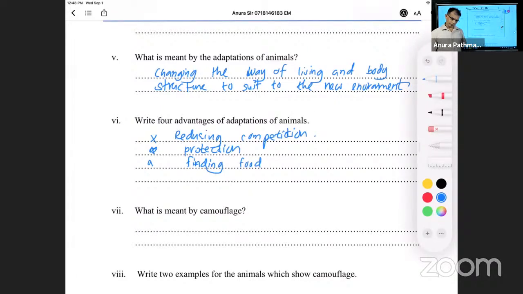Finding food, easy searching for prey. Locomotion. Facing obstacles. Facing predators for their life.